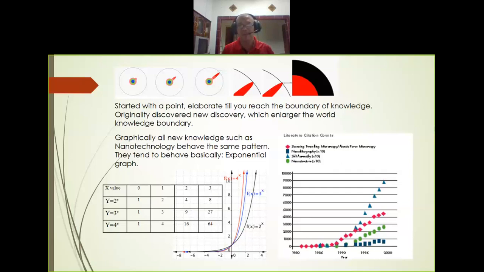So meaning that if you look at any other graph, just like the coronavirus graph, it started with one case and suddenly now it has about 2 million, 2.5 million people infected by coronavirus.